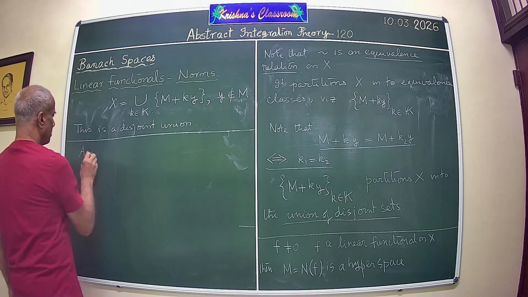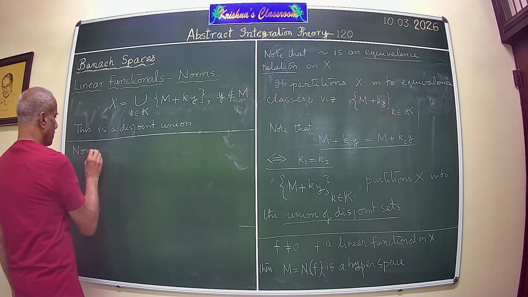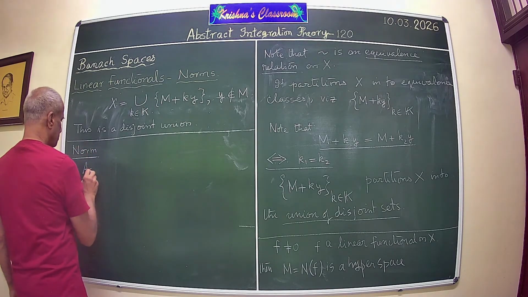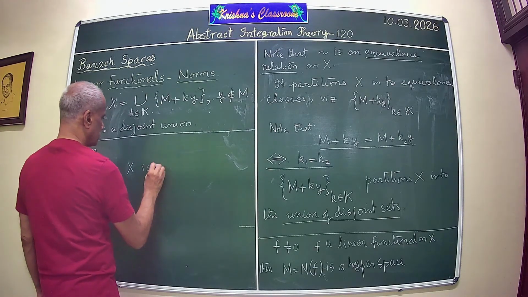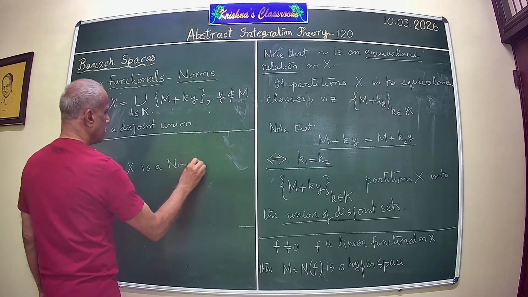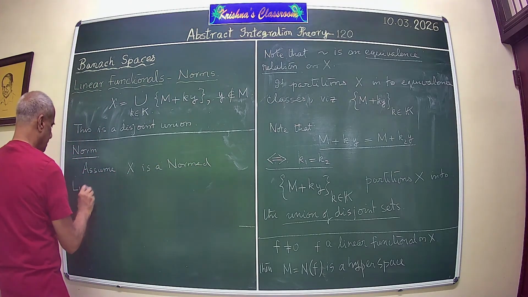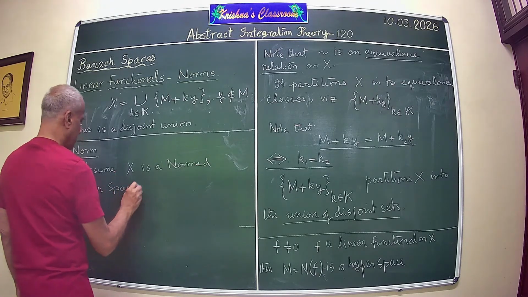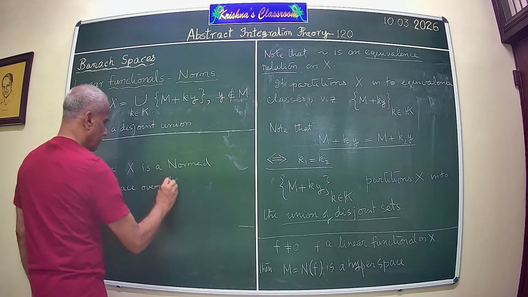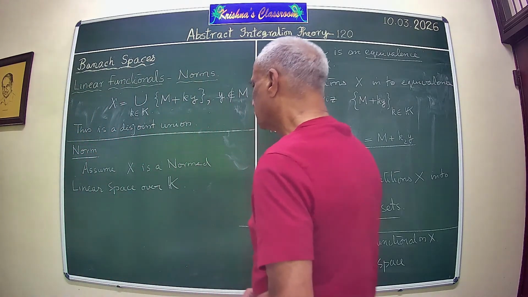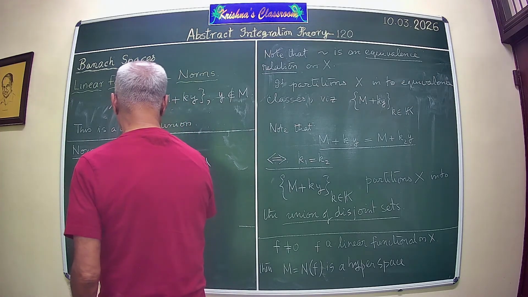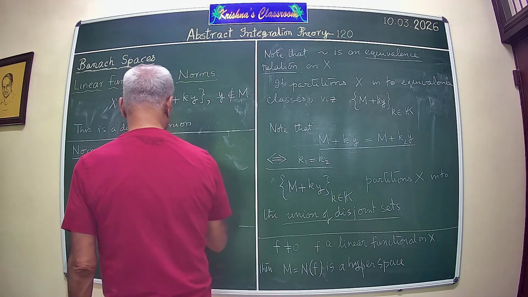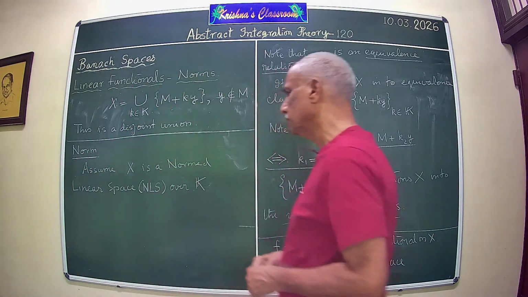Now assume X is a normed linear space, and we will use the notation for the field K. What is it?